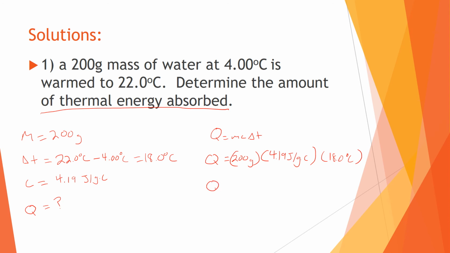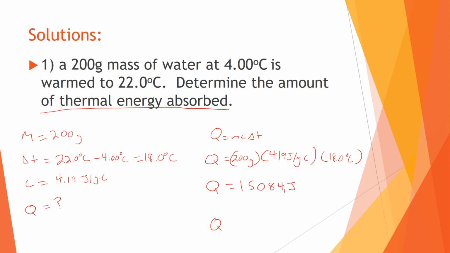Okay, so Q is equal to, okay, it's just take the numbers and multiply them together, 15,084 joules. That's how much energy it took to raise this 200 grams of water 18 degrees Celsius. Now, this is not my answer, right? Because it has the wrong amount of significant digits. So I'm going to change it to 3 significant digits.